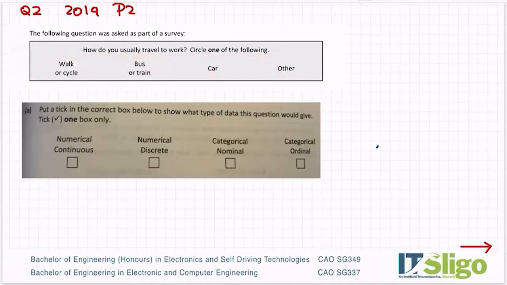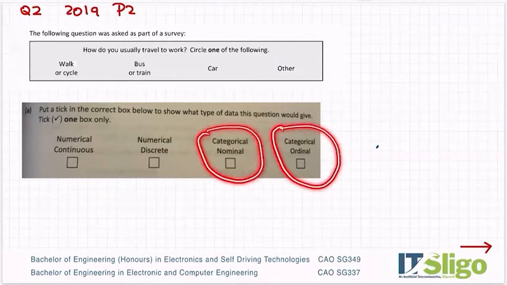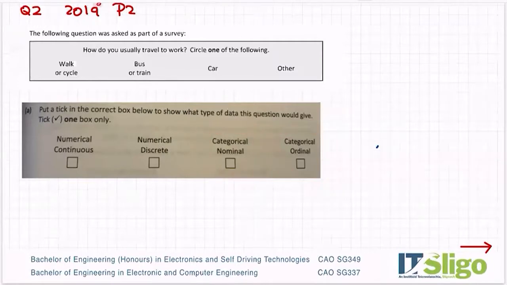Part A said, put a tick in the correct box below to show what type of data this question would give. Tick one box only. Your four choices are numerical continuous, numerical discrete, categorical nominal, categorical ordinal. So what is the difference between them? Well, numerical is numbers.